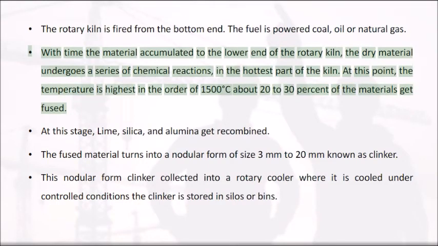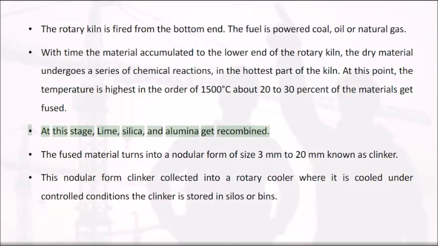With time, the material accumulates at the lower end of the rotary kiln, and the dry material undergoes a series of chemical reactions in the hottest part of the kiln. At this point, the temperature is highest, in the order of 1500 degrees. About 20 to 30% of the materials get fused.